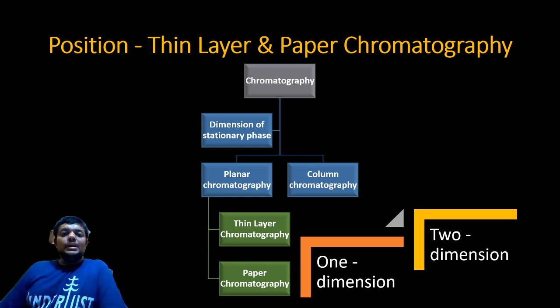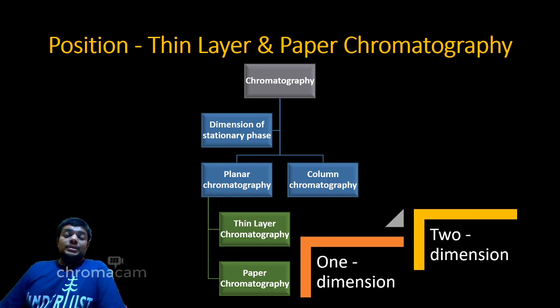Generally, the thin layer chromatography or paper chromatography we do, or rather we are going to discuss in this video, is a one dimension chromatography, but two dimension chromatography also exists.